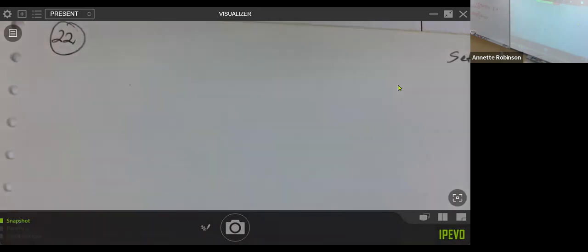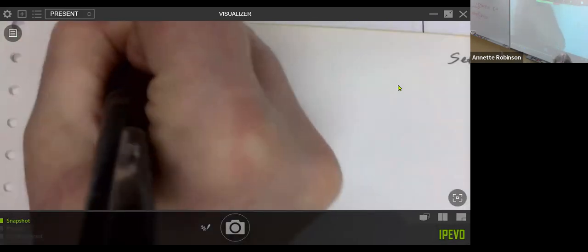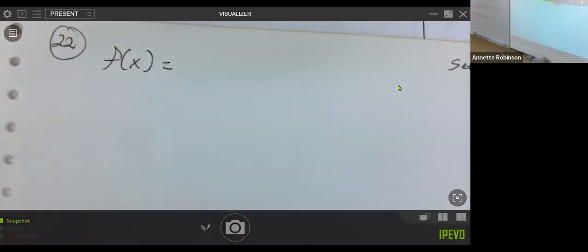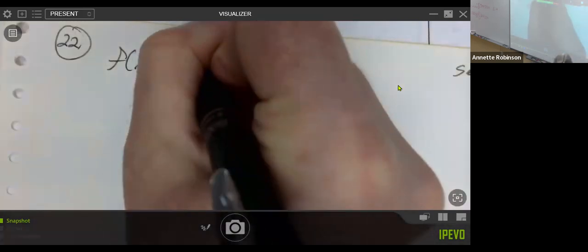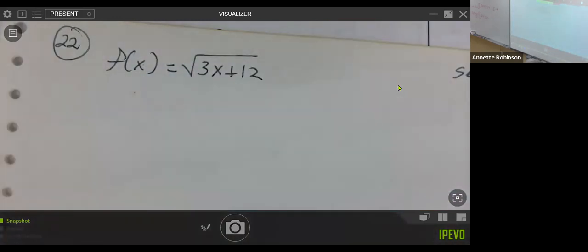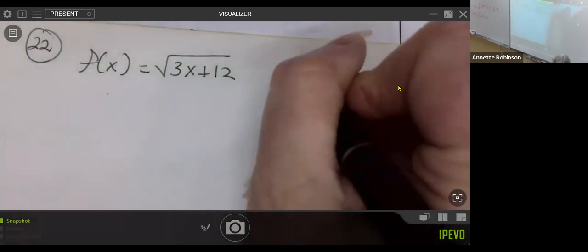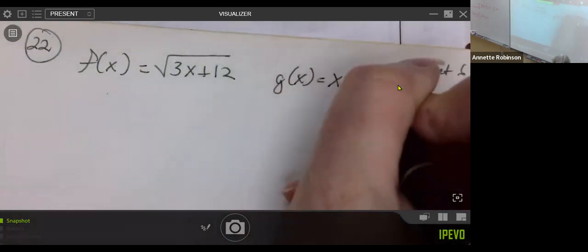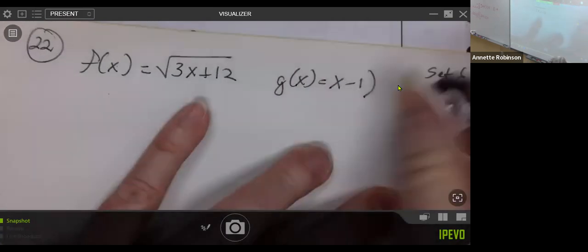And 22, they gave me the function f of x is the square root of 3x plus 12. They give me g of x as x minus 1. Whoops, I didn't mean to put that parentheses yet.